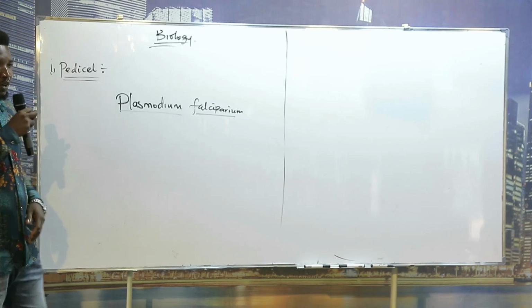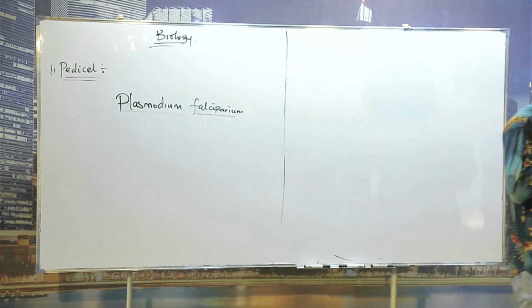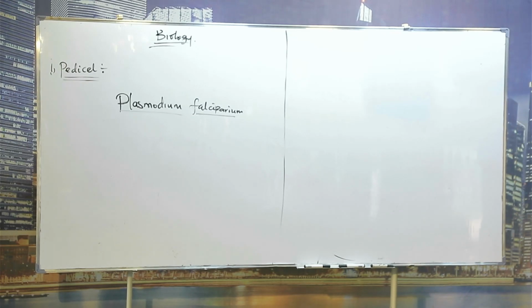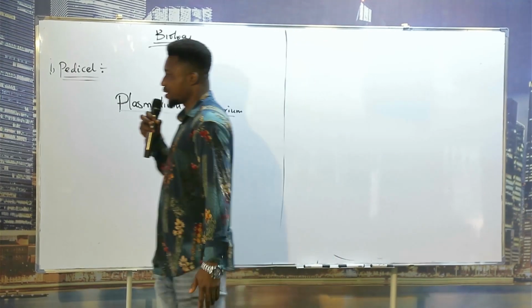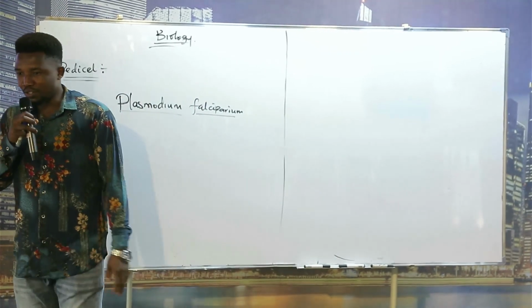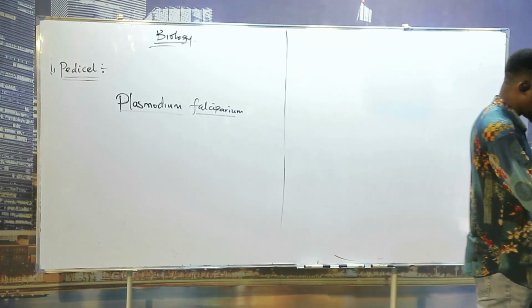Now we have talked of the pedicel. I said that the pedicel is also known as the flower stalk, and it joins the flower to the parent tree. Okay, can we write, please?